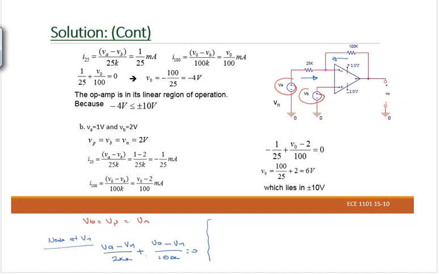I'm going to separate them: VA divided by 25K minus VB divided by 25K plus V0 divided by 100K minus VN, which is VB, divided by 100K equals 0.